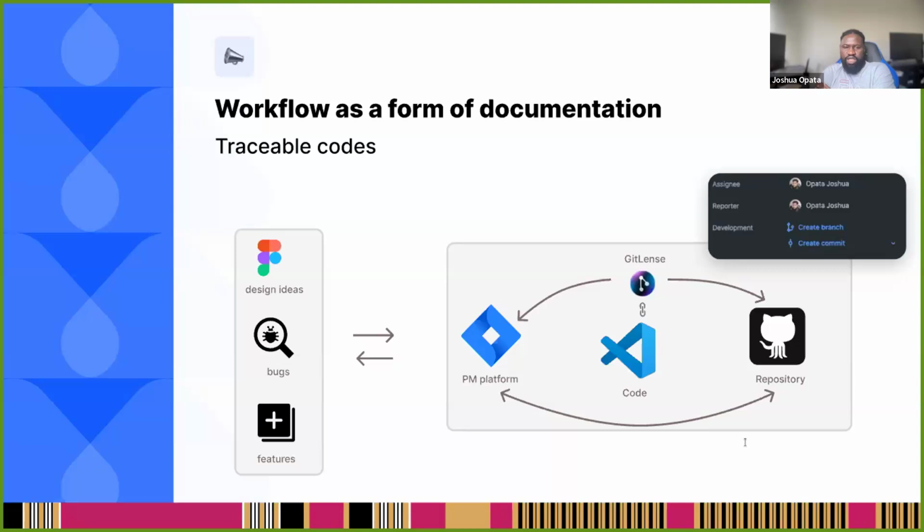How do we use our workflow to document this whole process so that when I'm in VS Code, I should be able to access the Figma design without asking anybody? When I'm in Jira, I should be able to access the Figma design without asking anybody. When I'm even in the repo, I should be able to access this design. Everything being linked up. How does this work?